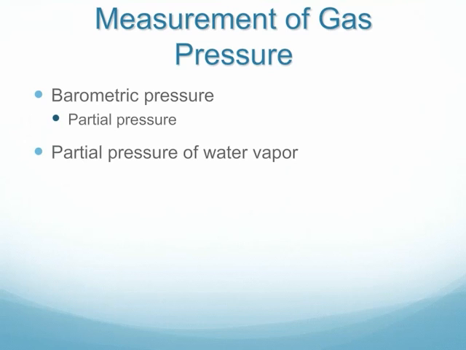And that's what we're talking about. So when we're talking about PO2 and PCO2, we're talking about the partial pressure. And that's the pressure that it's exerting in the capillary as a function of our barometric pressure and the amount of oxygen or CO2 that is present.